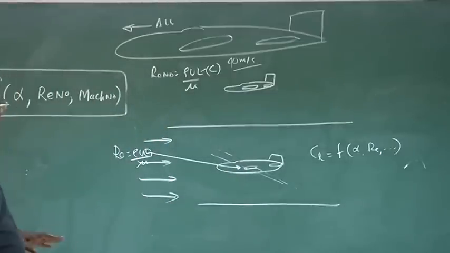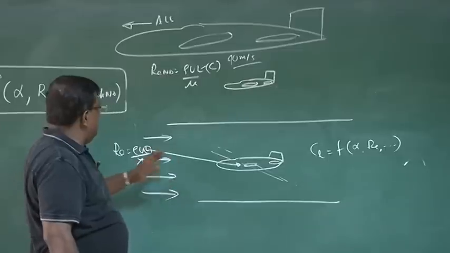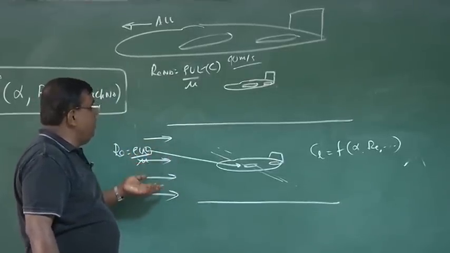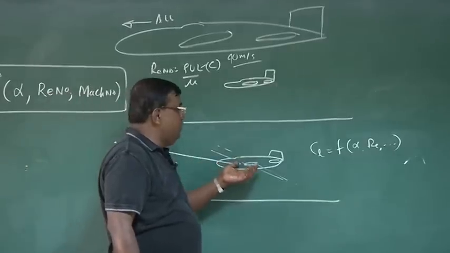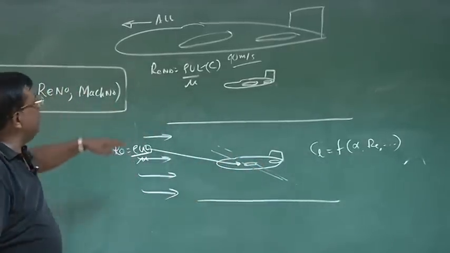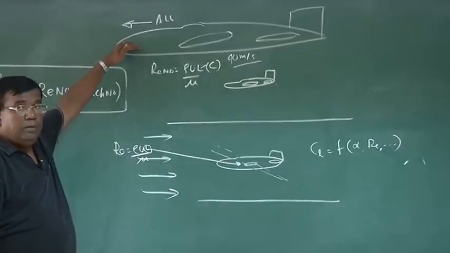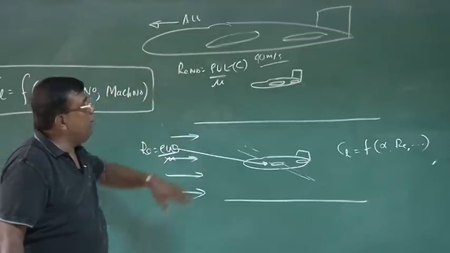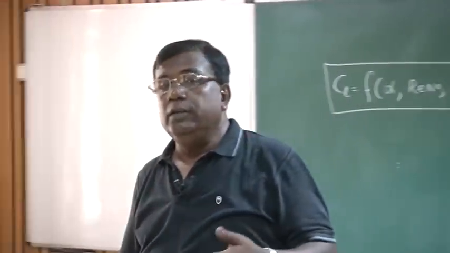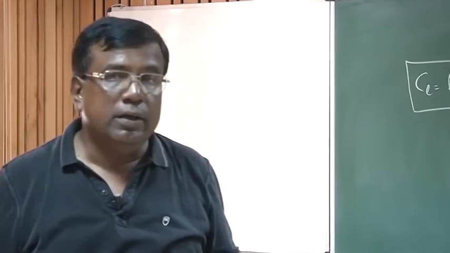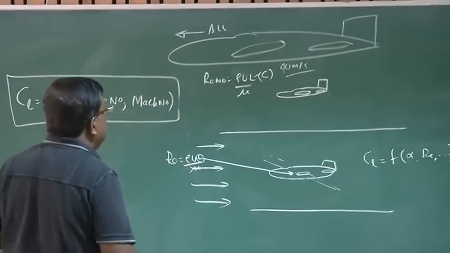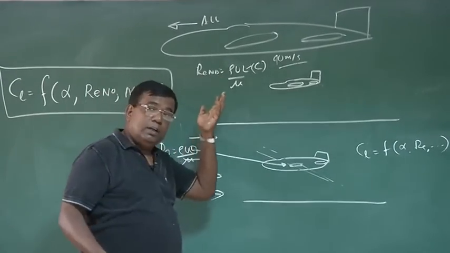If I can ensure that this flow has such a speed-density combination that the Reynolds number experienced by this body is exactly the same as what the actual airplane was seeing, then if I model CL, I can generate CL as a function of different Reynolds number. And depending upon what altitude the airplane is flying, I can use that CL value for actual computation.